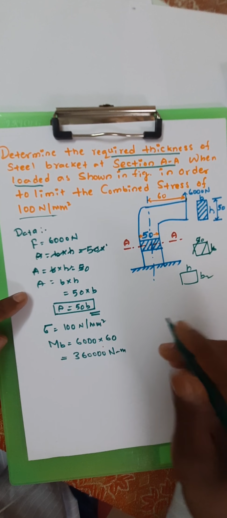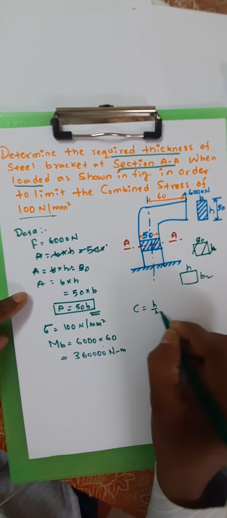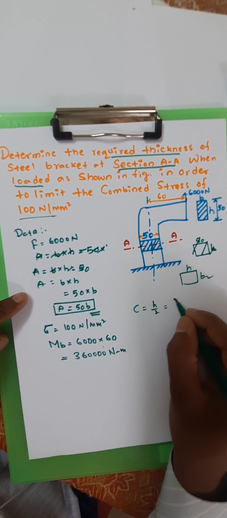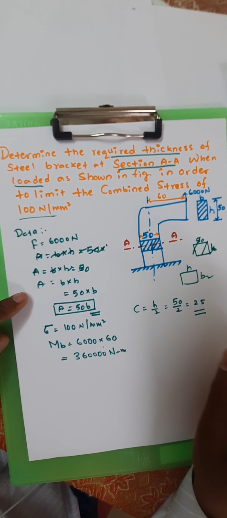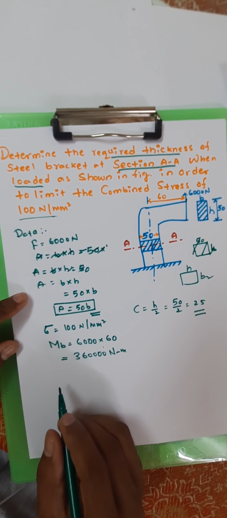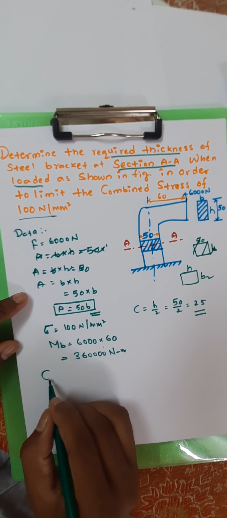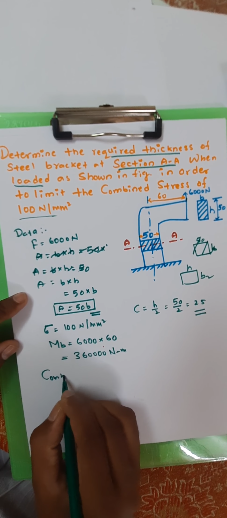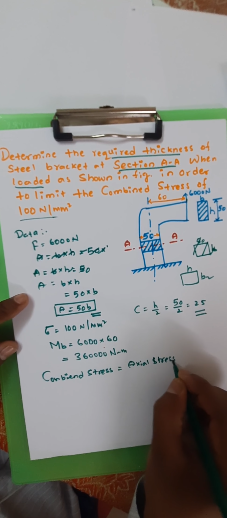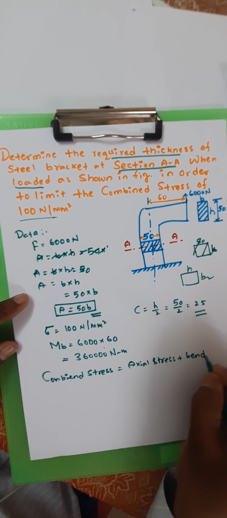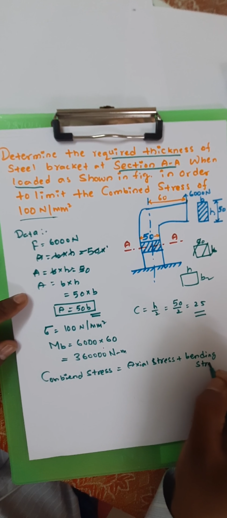Apart from that, what is C? C is equal to H by 2. We know the value for H, that is 50 divided by 2, that is 25. Now we have combined stresses with the help of eccentric loading. Combined stress is equal to axial stress plus bending stress.